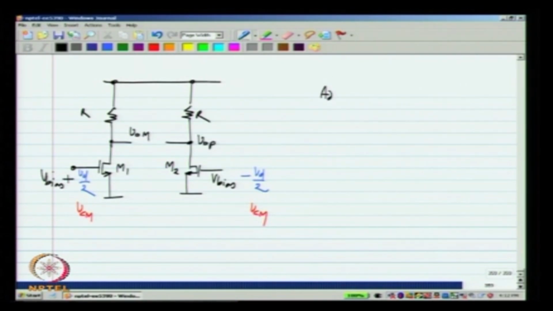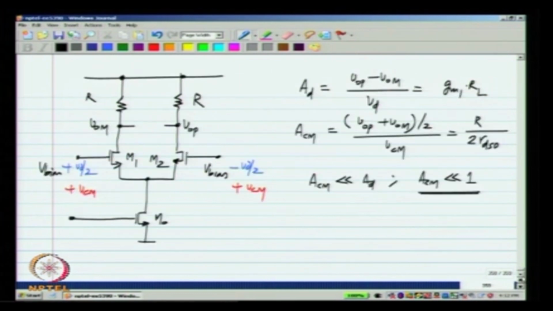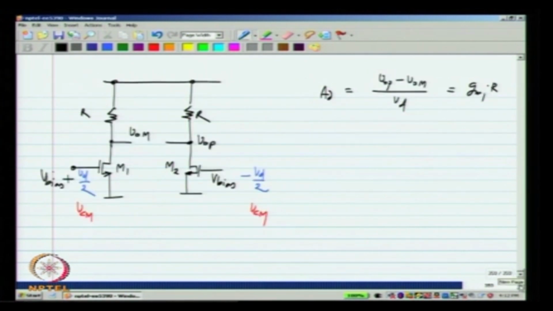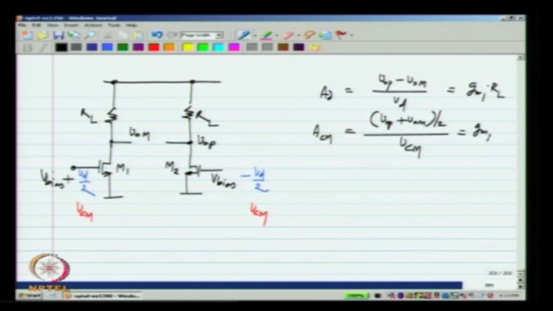The differential gain VOP minus VOM by Vd equals GM1 RL. And if you look at the common mode gain, which is VOP plus VOM by 2 divided by VCM, that is also GM1 RL.